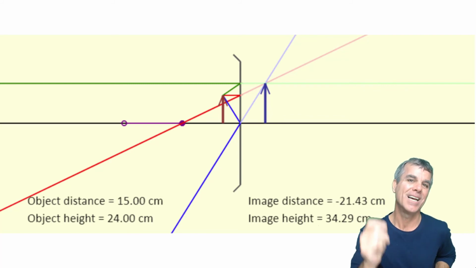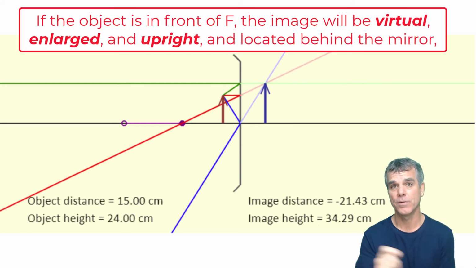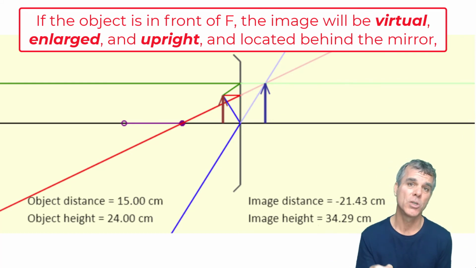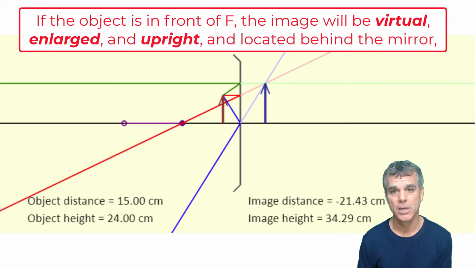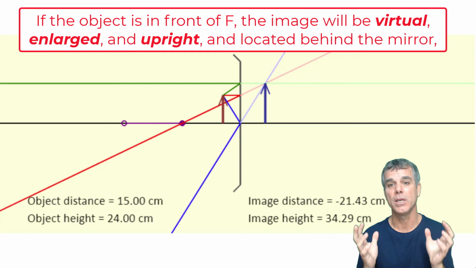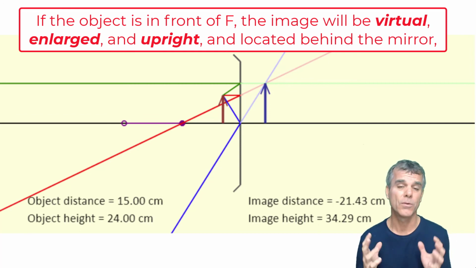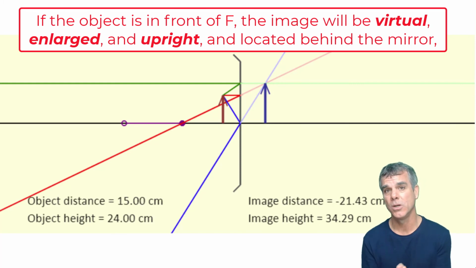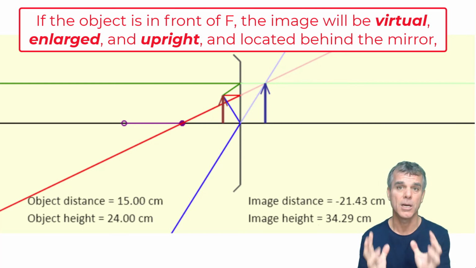So anytime I have the object in front of the focal point, I'm going to get a virtual image. That virtual image is going to be behind the mirror, and it's going to be enlarged. So the image is going to be bigger than the object, and it's going to be upright. So for an object in front of the focal point, we get a virtual image, which is enlarged and upright and behind the mirror.